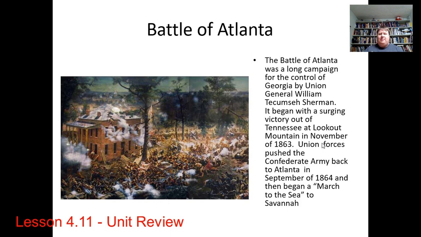After that, he begins his march to the sea to Savannah, destroying all that he can along the way, and eventually that's going to destroy Georgia's will to fight and the Confederacy's will to fight as well, since Georgia was the Empire State of the South, and that's where what little bit of industry the South had was.